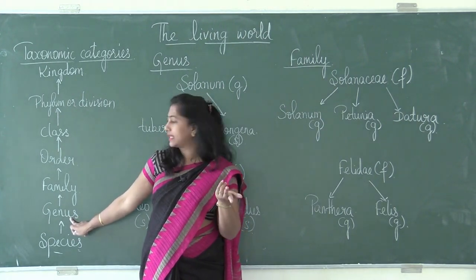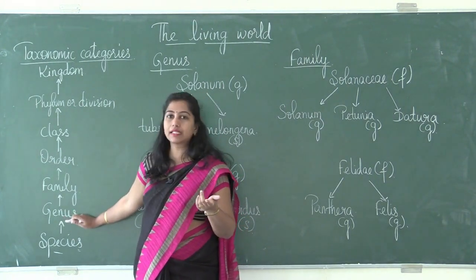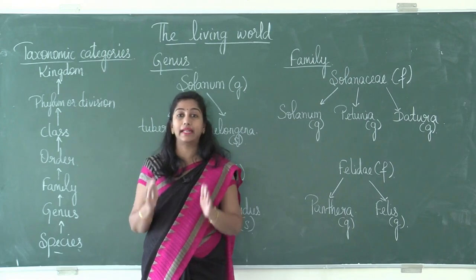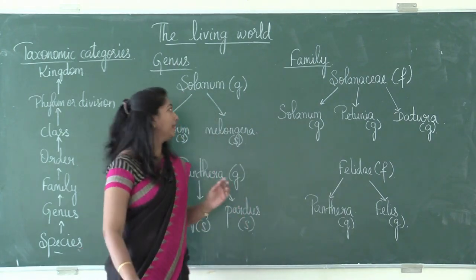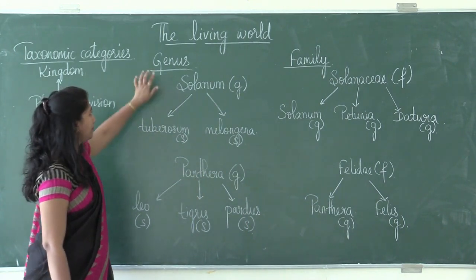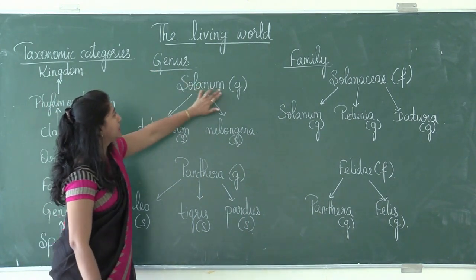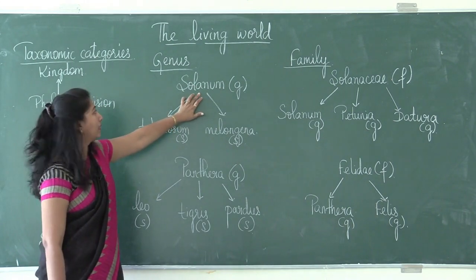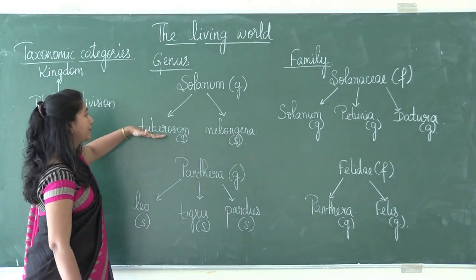To say it the other way, genus consists of a group of related species. We'll try to understand that with some examples. Genus Solanum, it consists of species.